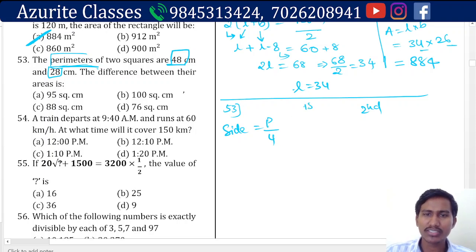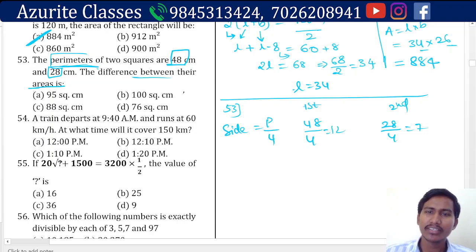So first side will be 48 by 4, which is 12, and for the second, 28 by 4, 7 will come, right? They are asking the area difference, right? So area of the first one, area is equal to side into side, side square.